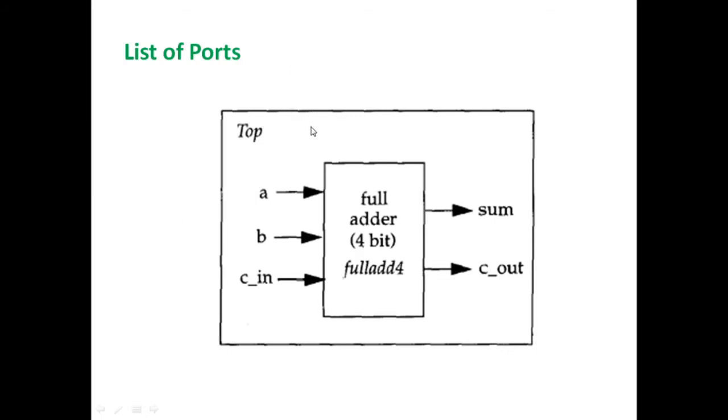But here the module top is only a top level module in the simulation, so why would it require any ports? Why does it not need to pass or receive any signal from its environment? Because if it were surrounded by some environment, it would definitely have to receive or send some signals to the environment, but it is only the top level module, so it doesn't require any ports.